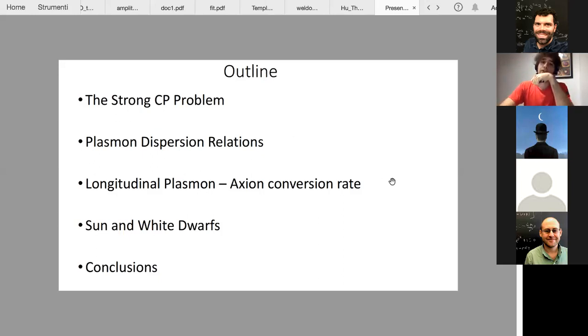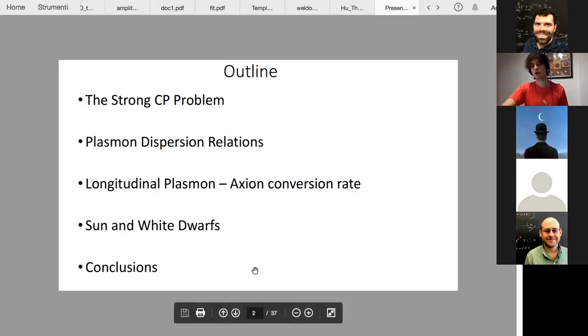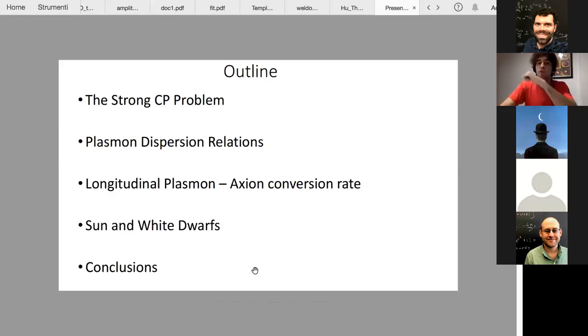Then I will give the rate that we calculated for this conversion, which is actually a resonant conversion. Then I will show you the results for our calculation in the Sun and in magnetic white dwarfs, and then I will conclude. I will also be talking very briefly about a follow-up that we hope to finish soon with Charan OR2.